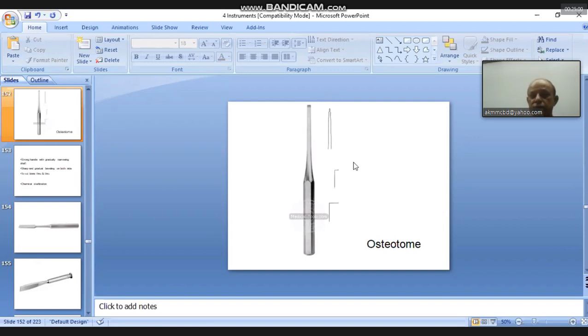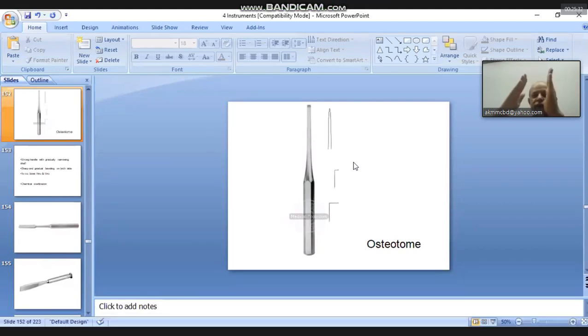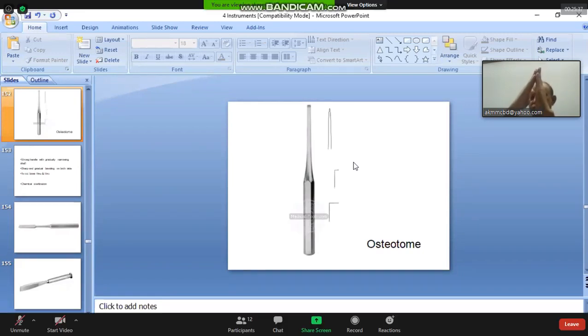Therefore, in osteotome, both sides are beveled like this. But chisel, one side is straight and other side is beveled like this. This is the most important difference between these two instruments. Be careful. The osteotome is beveled on both sides like this. Can you see my hands? The osteotome is beveled like this on both sides, but chisel is one side straight and another side beveled like this. That is the chisel.